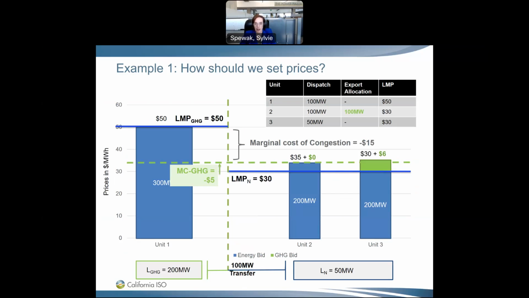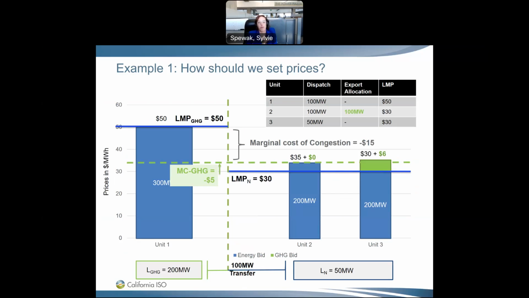When we do that, we would dispatch down 1 megawatt of Unit 2, dispatch up 1 megawatt of Unit 3, and when we do that, it's serving the non-GHG area, so that's going to cost $30 per megawatt hour and give us a total savings of $5. So that's one way of verifying that this is what the marginal cost of GHG is.